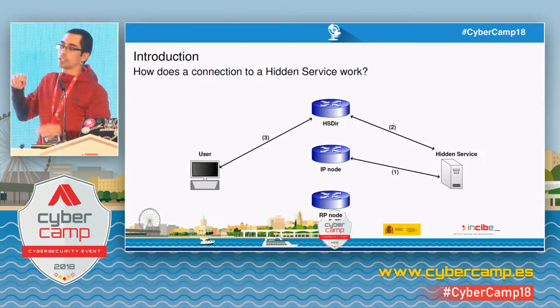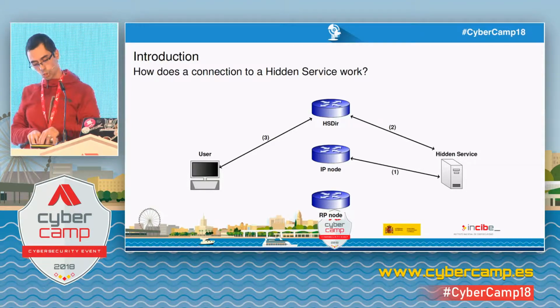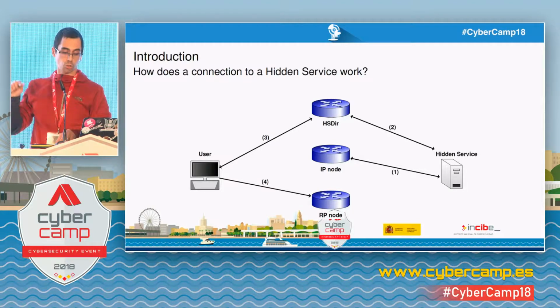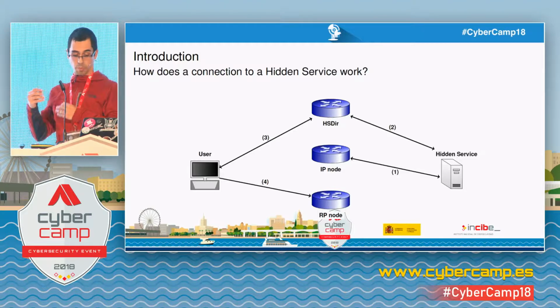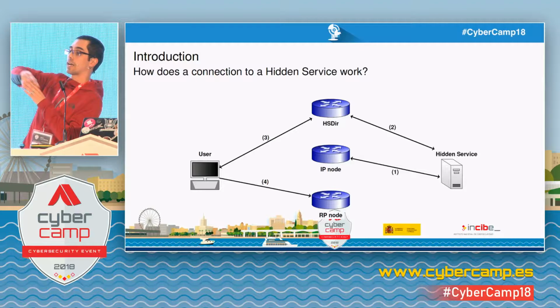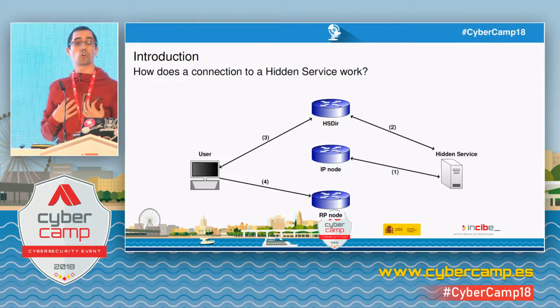Then the onion address is entered, and then requests will be redirected to an HS directory, saying which ones are the IP nodes. And then it goes and says, look, I want to connect to this hidden service. And then on top of that, I want to be here. And that would be the RP node.